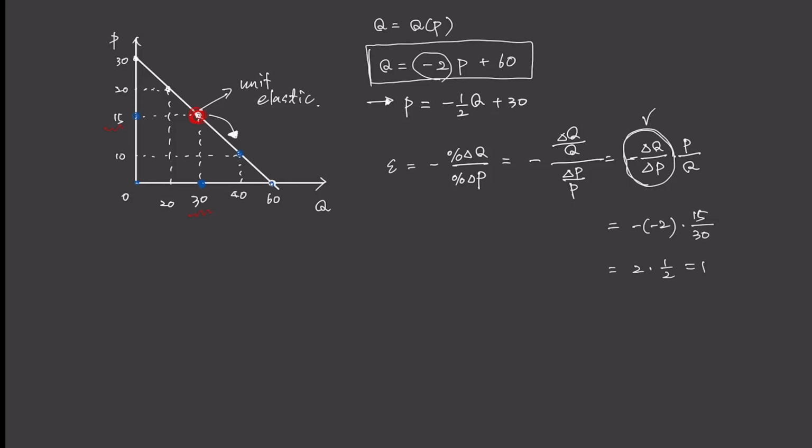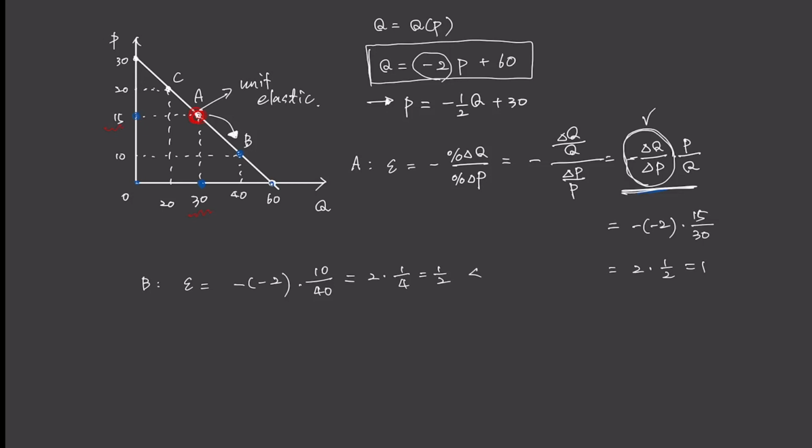So how about this point? This initial part is the same, right? Let's say this is point A, point B, and point C. So this one is point A, right? And for B, the elasticity, borrowing this formula, -2 is here. At point B, the value of P is 10, Q is 40. So 2 times 1/4, that's half.